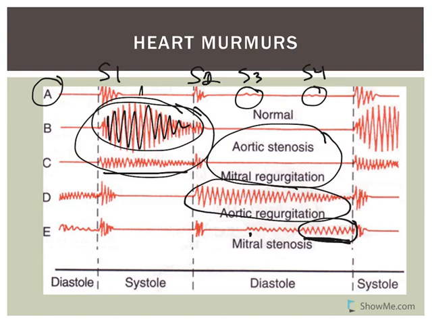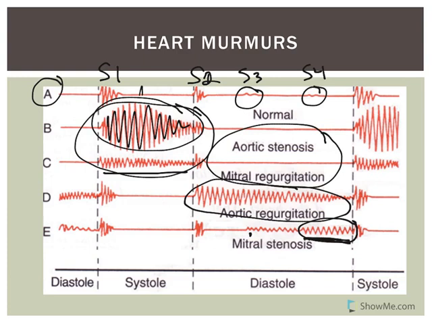Mitral regurgitation is characterized as a blowing type sound, heard during systole. Aortic regurgitation and mitral stenosis, you're going to be hearing after S2 before the following S1. Aortic regurgitation is also a blowing type sound. Mitral stenosis is a very low frequency, described more like a rumble type sound.